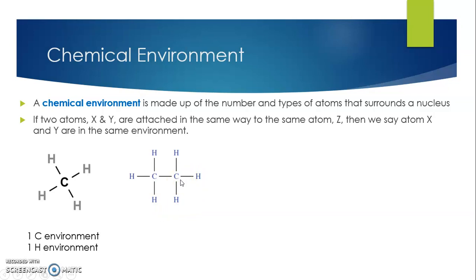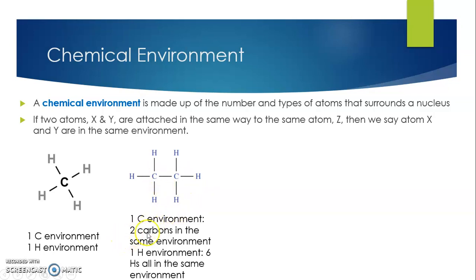Even if you try to describe it, this carbon is connected to three hydrogens and a CH3 group, exactly the same as the carbon on the left. Therefore, although we have two carbons, we really just have one carbon environment. And the same thing, although we have six hydrogens, we still just have one hydrogen environment.